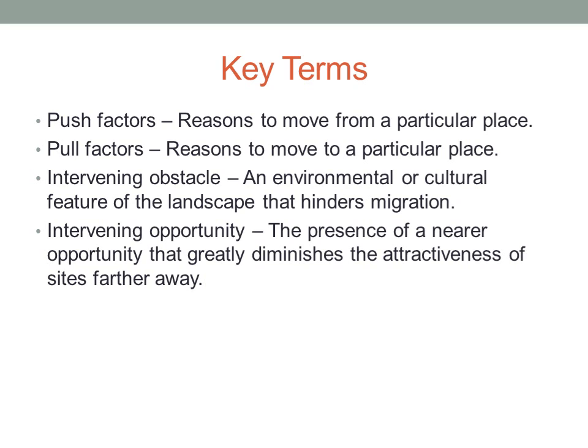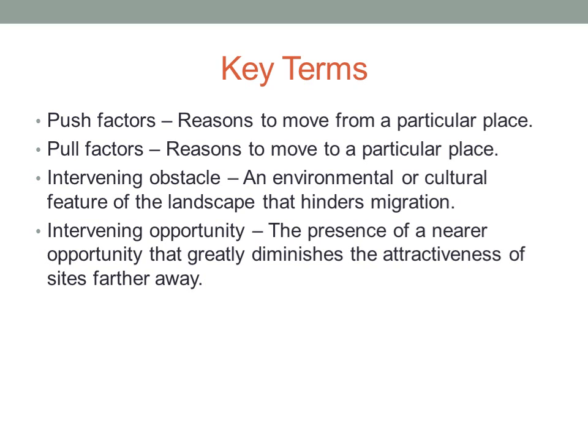Intervening obstacles are an environmental or cultural feature of the landscape that hinders migration. That is, slows it down, makes it more difficult. People can still get past it, perhaps, but it slows it down. And then you have intervening opportunities, the presence of a near opportunity that greatly diminishes the attractiveness of sites further away.